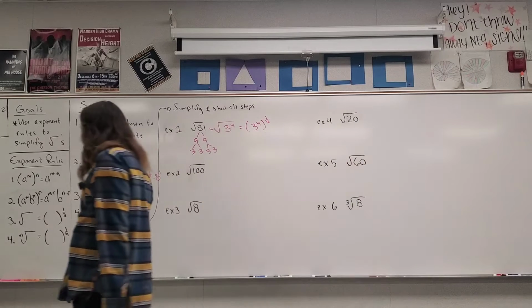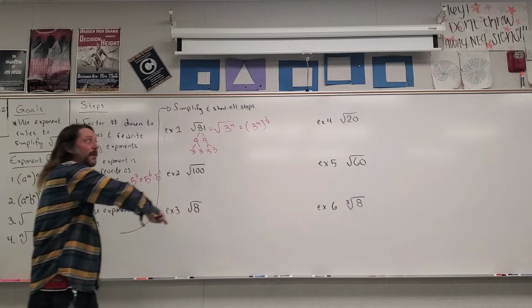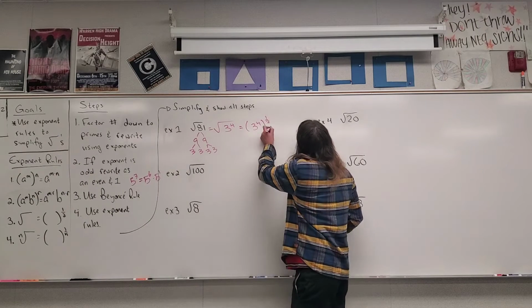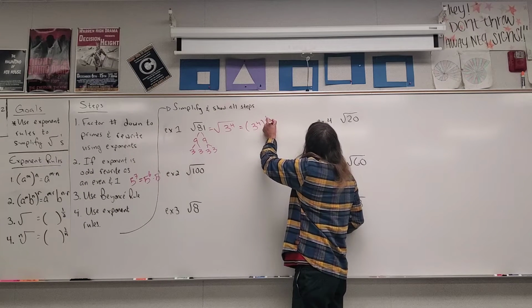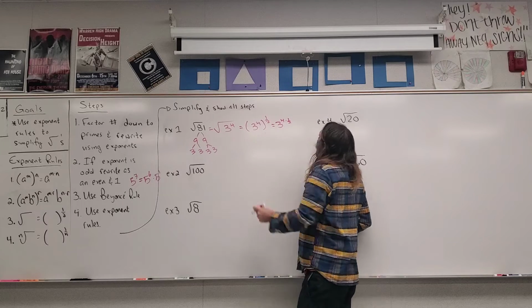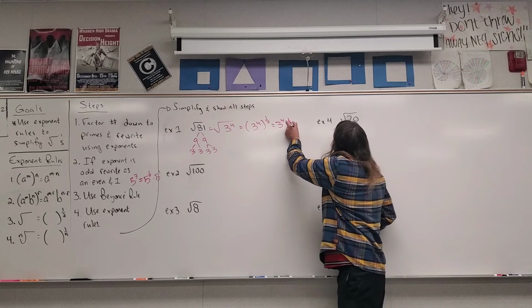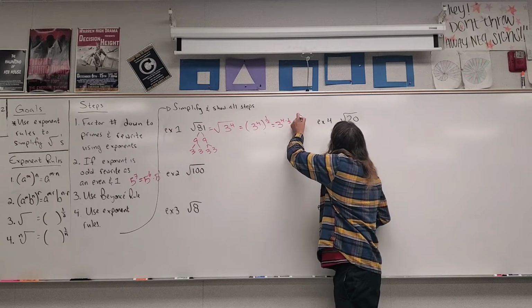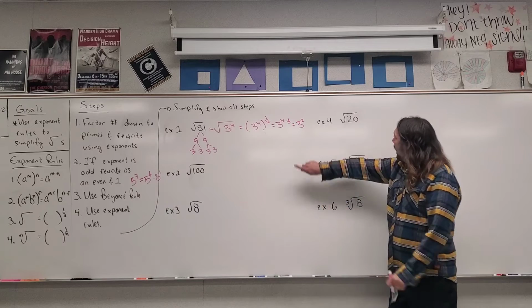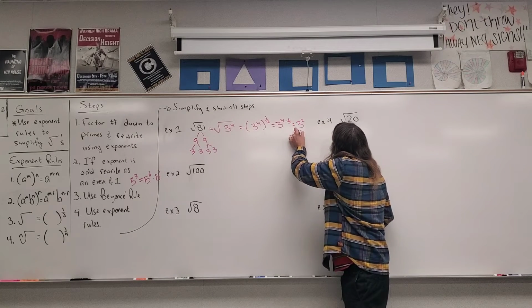Now, I have exponent rule 1, so I'm going to multiply these exponents. Half of 4 is 2, and 3 to the power 2 is equal to 9.